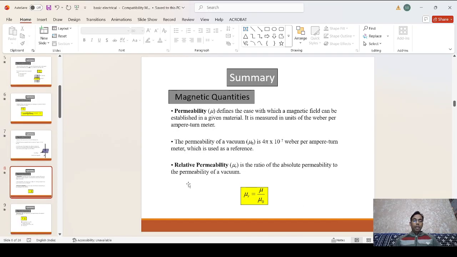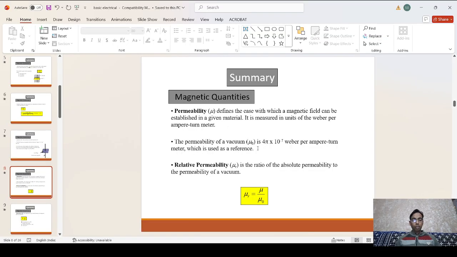Next definition, what is permeability? Permeability is an important term for finding the ability of a material, that is, the strength of the material. It is important to help obtain the BH curve. The BH curve is basically magnetization, field flux density and field intensity obtained from the permeability of the material. Permeability has two categories: one is absolute permeability and the other is relative permeability.